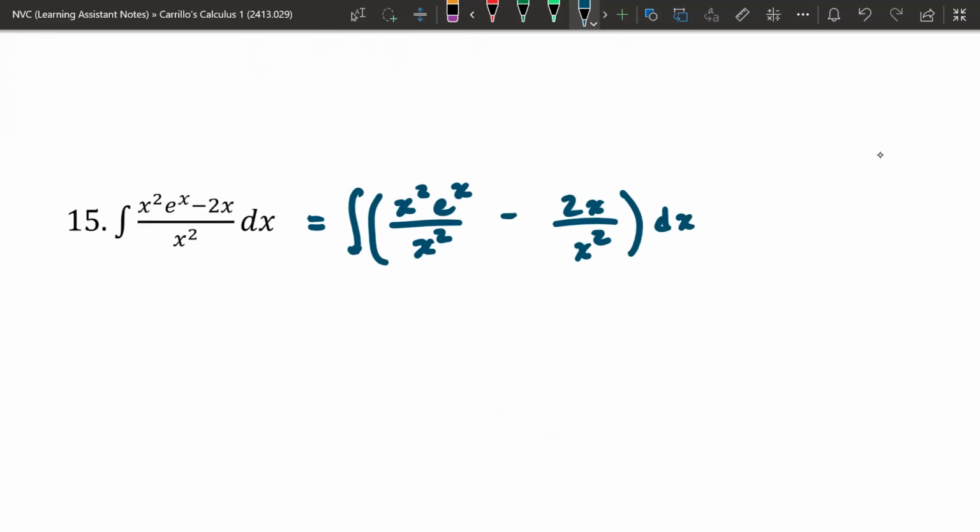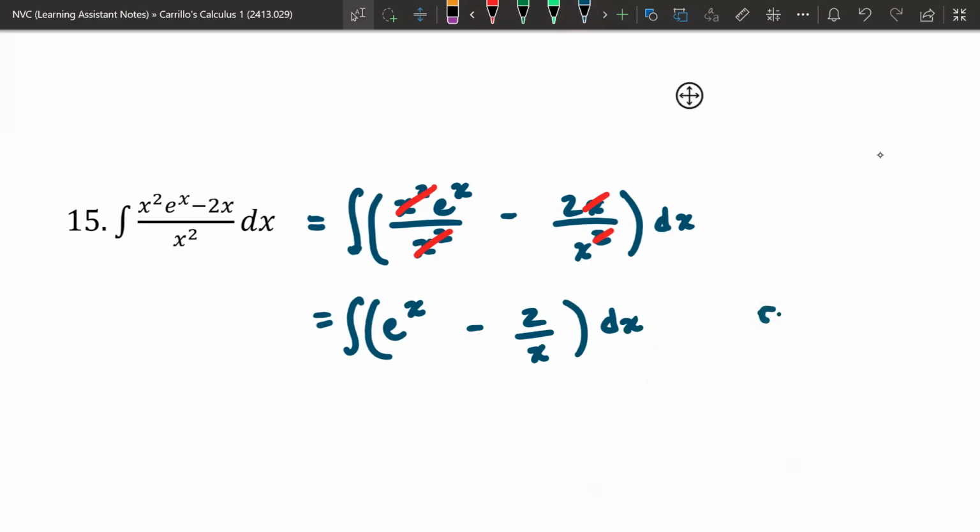So separating my numerator into two separate fractions, I now will just reduce. So I see this x squared will reduce with x squared, and this x will reduce with that x squared. So now we have the integral of e to the x minus 2 over x dx.